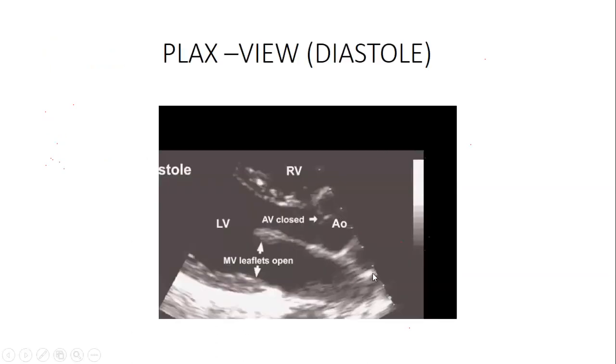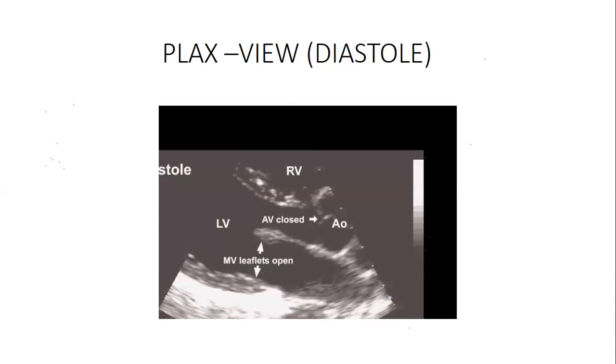So in the long parasternal view, I think if you remember, I was asking what is diastole, what is systole. Those terminologies are now coming in. When I say diastole, you must understand what is happening with the heart. It should not be Greek.